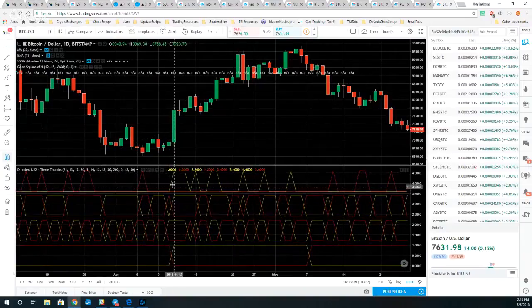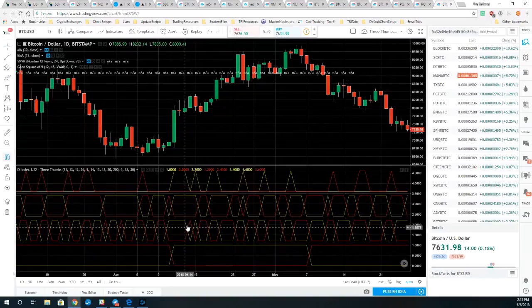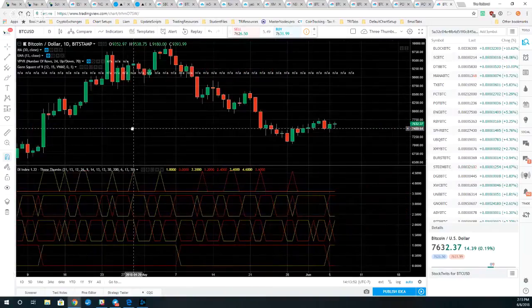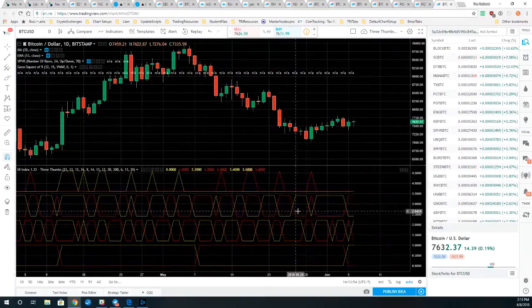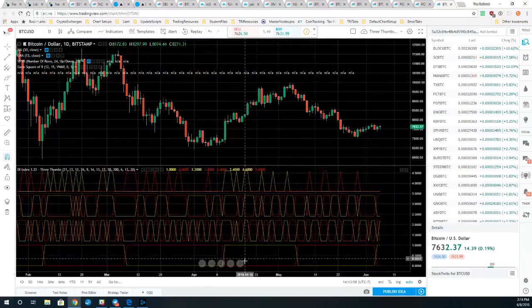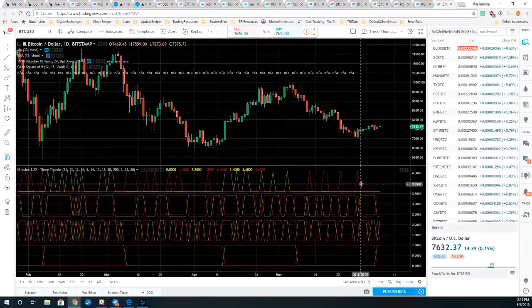So as a result, at this point, everything's up. Then you can see the 2 hour turned down. So the daily and the hourly were still up, but because the 2 hour turned down, the indicator came down. So this is not a bad working example of how multiple time frames can all work together.